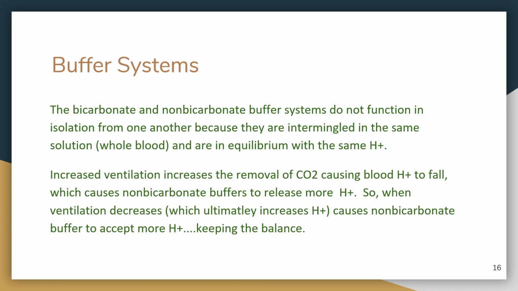So when the ventilation decreases, which ultimately is going to increase your hydrogen because you're not being able to blow off that CO2, this causes the non-bicarbonate buffer to accept more hydrogens, which helps keep it in balance. So it helps offset that acidosis.